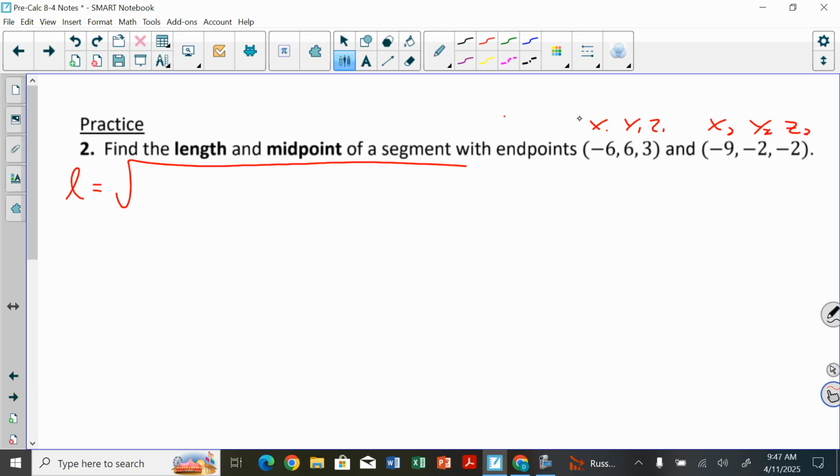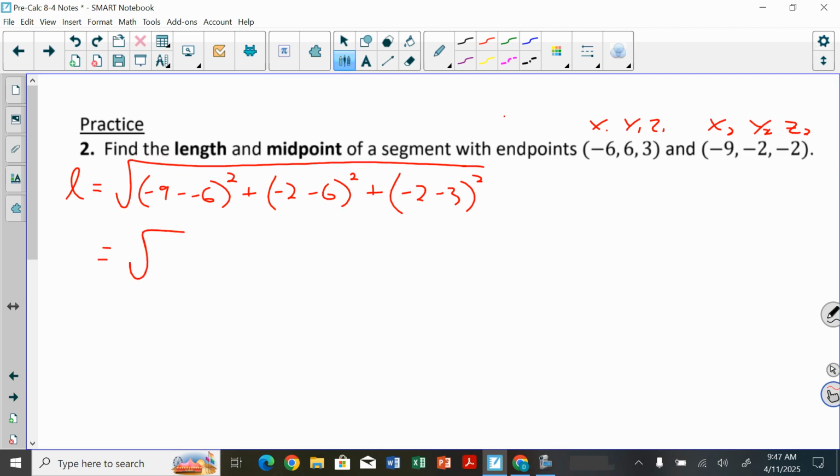And now I'm going x2 minus x1, so -9 minus -6. And just like we did in Algebra 2, be careful with your variables. -2 minus 6 for my y's squared, plus my z's, -2 minus 3 squared.